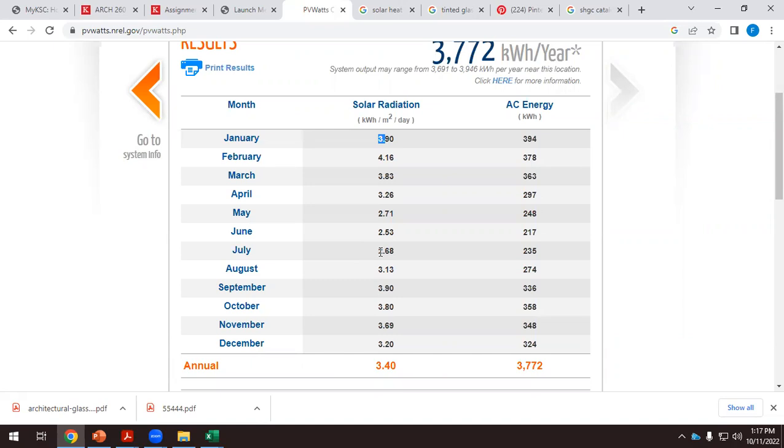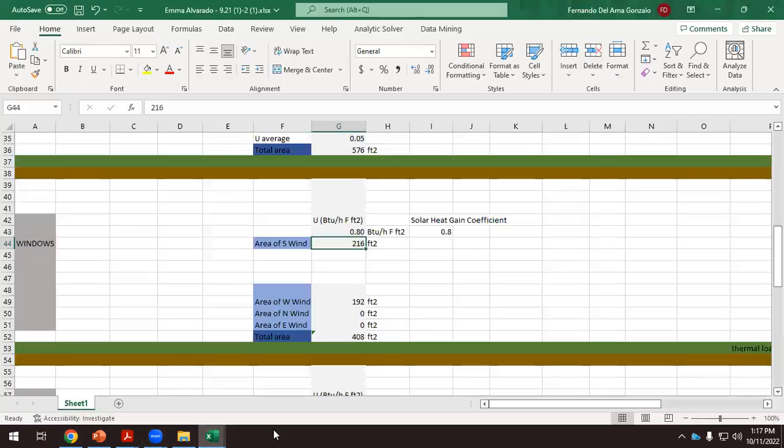Okay, so now we have to add all this information into our Excel file. I'm going to type here, January. Is Excel smart enough to understand that this is February? Excel is amazing.